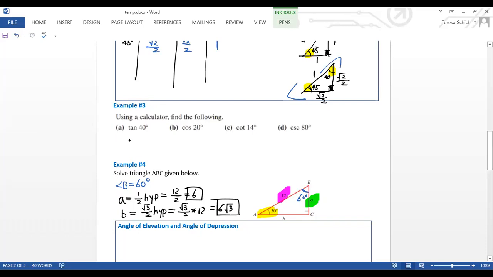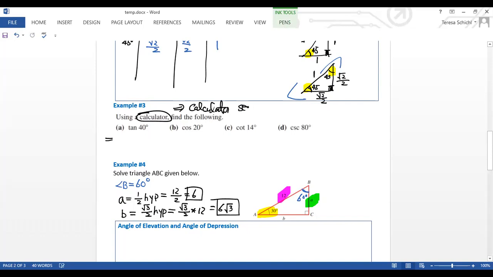Okay, now let's take a look at problem number 3. The reason we use problem number 3 is that I want to show you how to use your calculators.